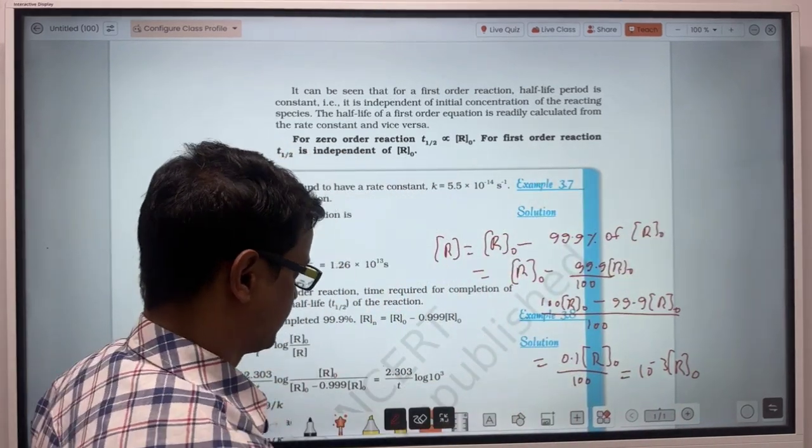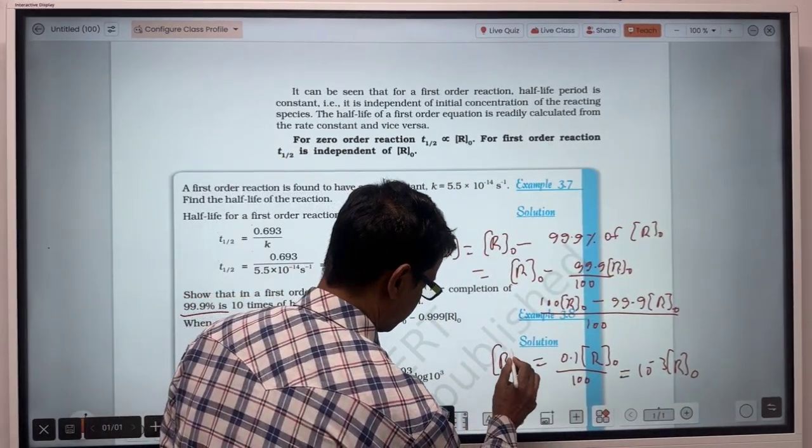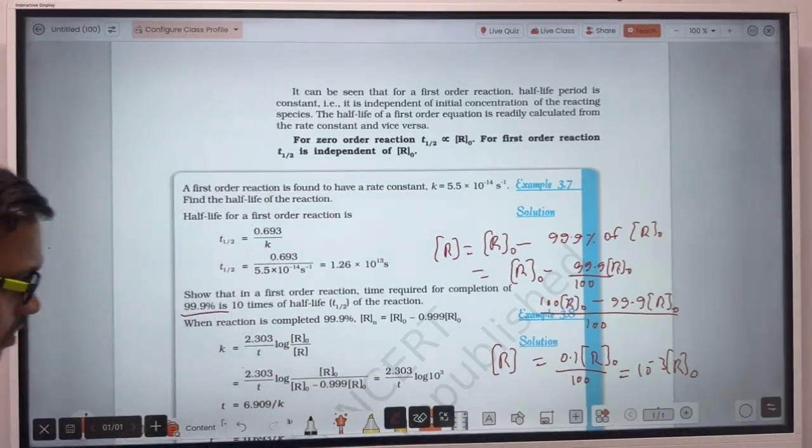This is initial, that means the concentration of reactant R will be equal to 10 to the power minus 3 R naught.